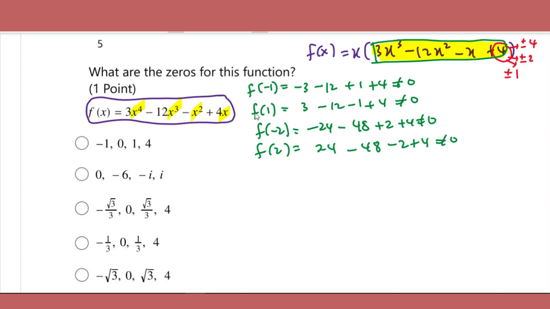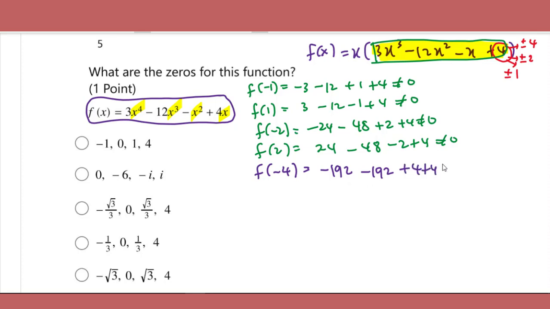Then substitute f(-4). Negative 4 cubed is negative 64, times 3 gives negative 192. Negative 4 squared is 16, times 12 is 192, with the sign making it negative 192, and then plus 4 plus 4.